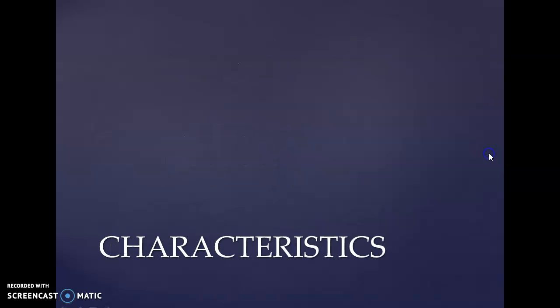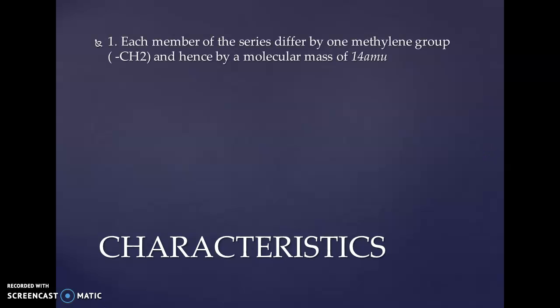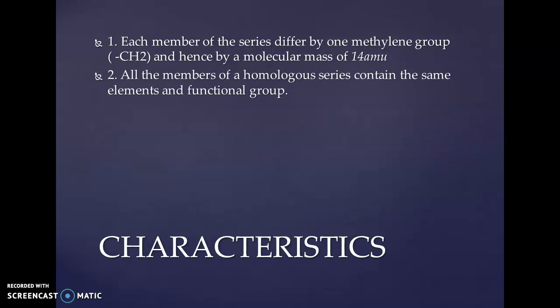Now let us know more about the characteristics of the homologous series. Each member in the series differs by one methylene group, that is CH2, hence the molecular mass differs by 14 AMU. All the members in the homologous series contain the same elements. Same elements means carbon and hydrogen are present in all the alkanes, alkenes and alkynes. So the elements will be the same, as well as the functional group.